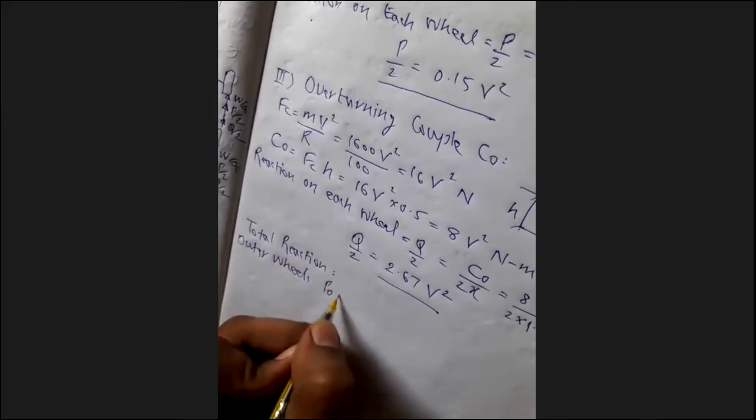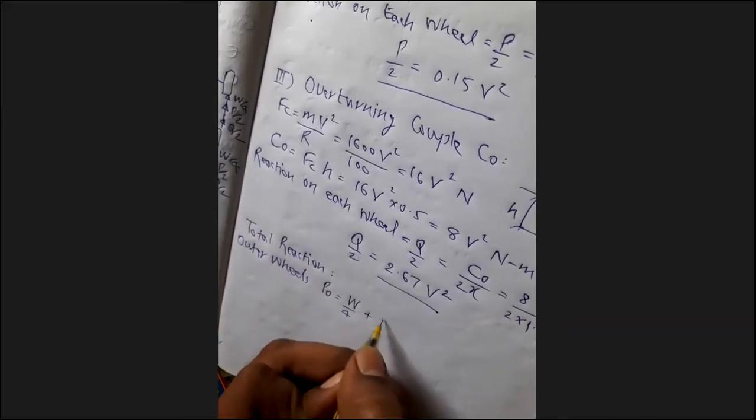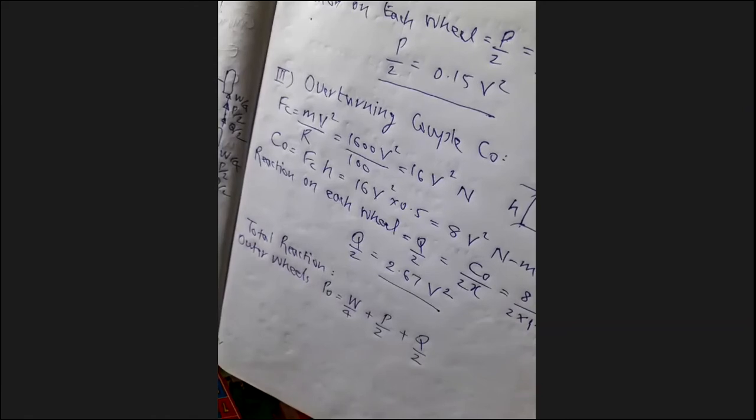Total reaction with outer wheel, PO, will be equal to W by 4 plus P by 2 plus Q by 2. All these three will be added together, because they are upward.